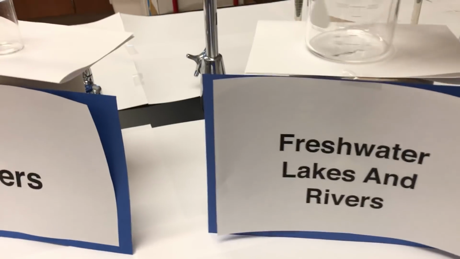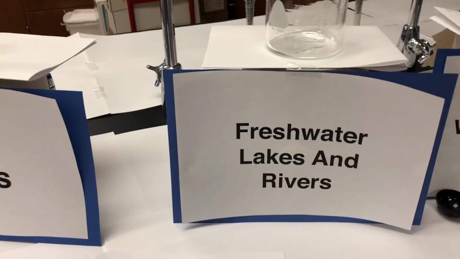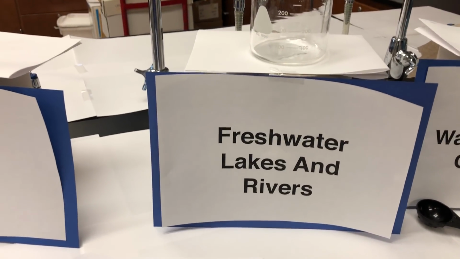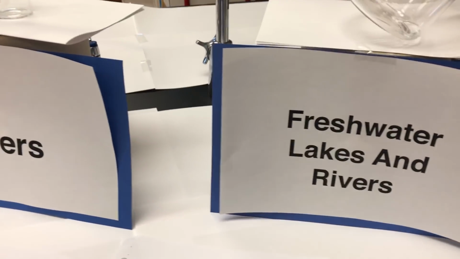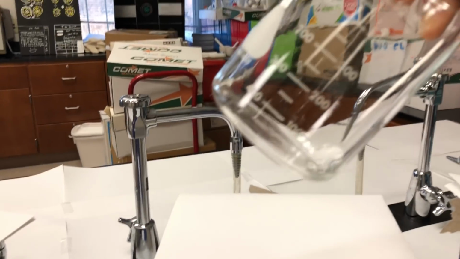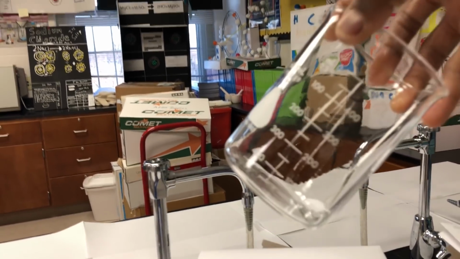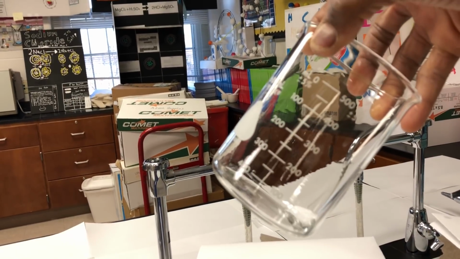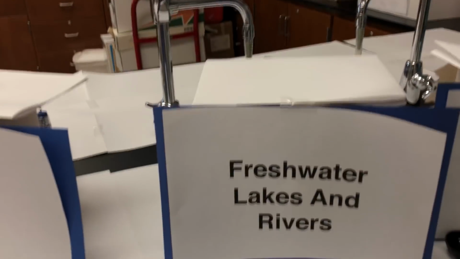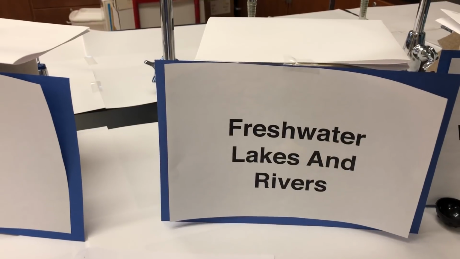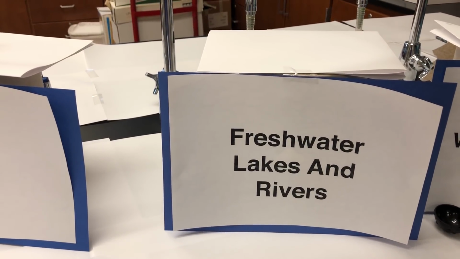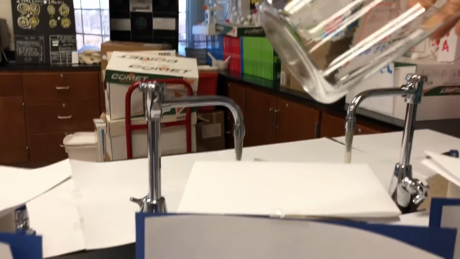Okay, so that doesn't even reach one of our graduations on our graduated cylinder. So I'm going to tilt it over so that you can get a better idea of what's in there. So just that little corner of water, and that's in a 500 milliliter beaker, represents fresh water, lakes, and rivers. Very, very small amount.